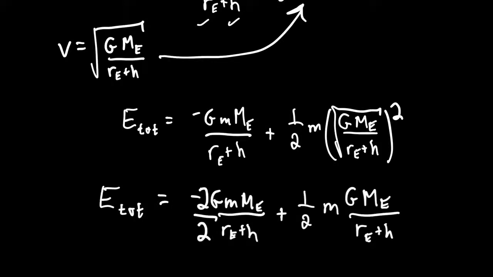First, don't we? So this is 2 over 2, which is still 1, right? So I'm putting them both over the same denominator. So negative 2/2 plus 1/2 gives me what? Negative 1/2.